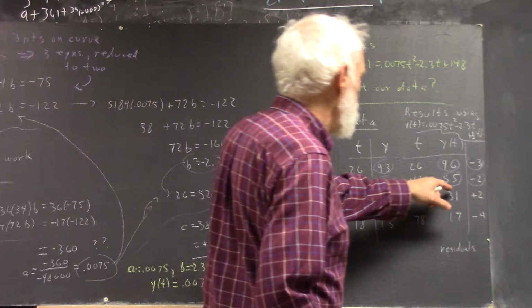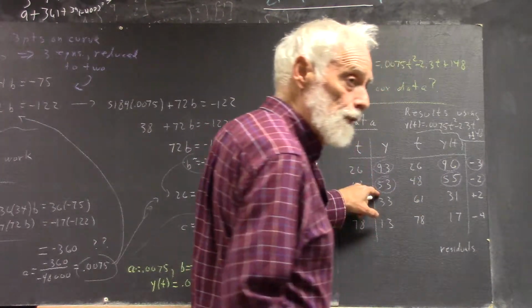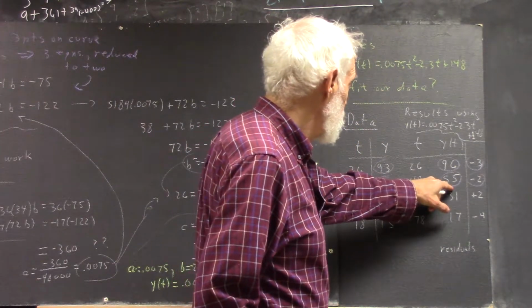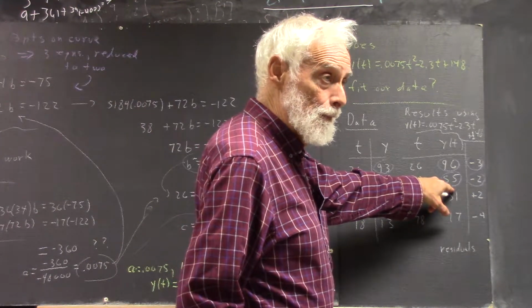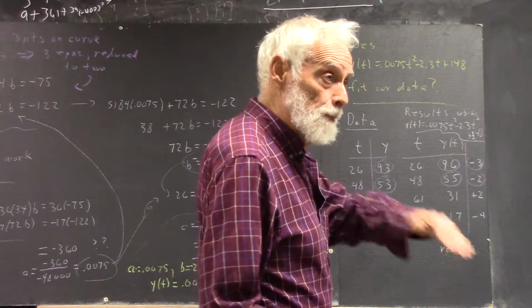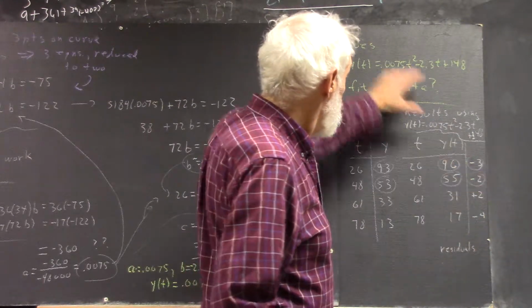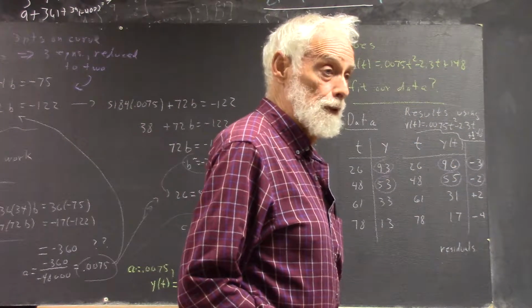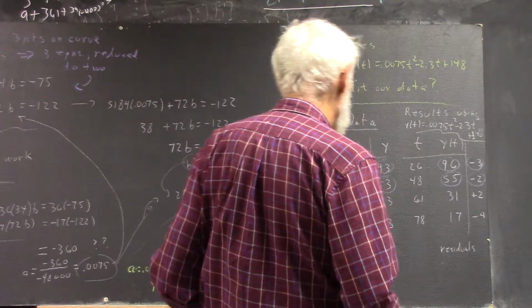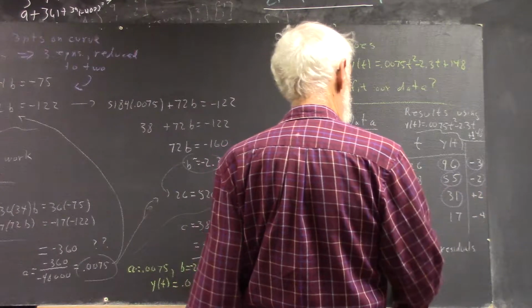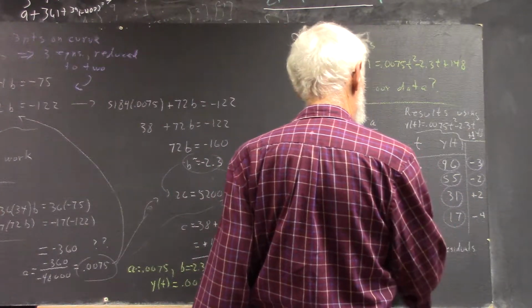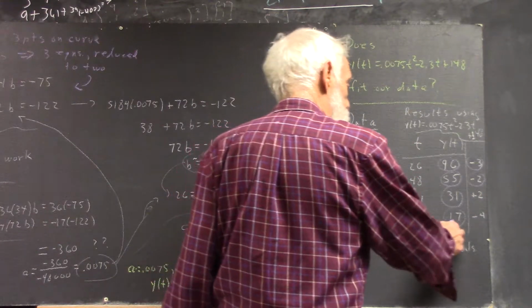And here, if this is our curve, this is our data, then this point would be 2 units lower than this point, right? I'm not talking about the curve you sketched, but the curve we get when we run through the whole process. Okay? And then the 31 and the 33, now this one's a little higher. And the 17 and the 13, now the data's a little lower than our curve.